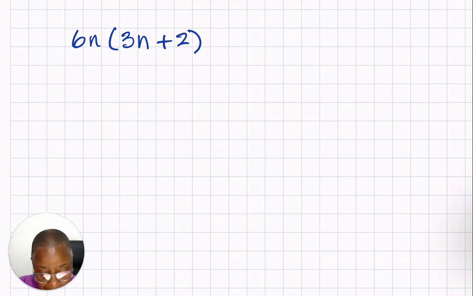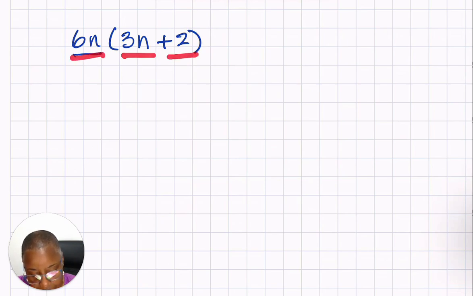So if I'm going to multiply this out, that would be 6n times each of these terms. So it's going to be 6n times 3n, which gives me 18n squared. And then I multiply 6n times positive 2, which gives me plus 12n.